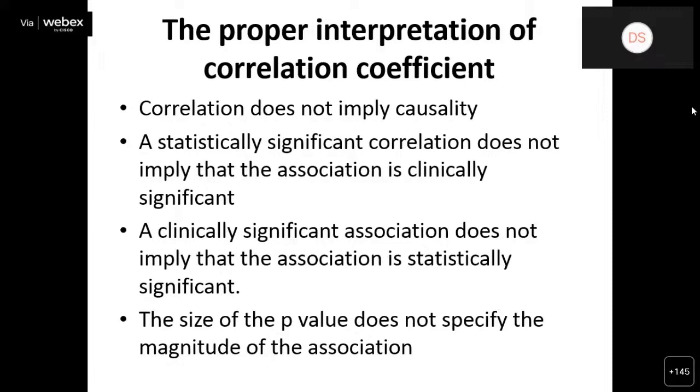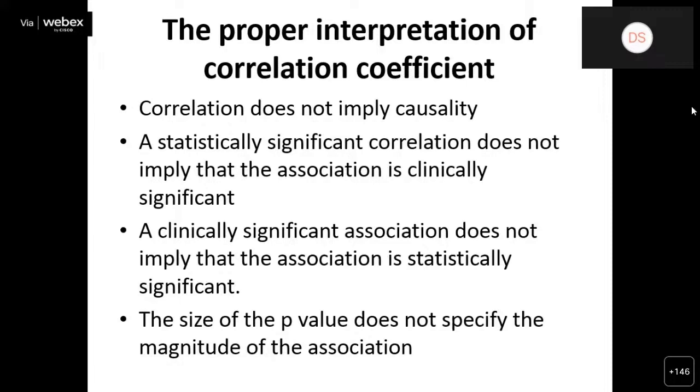Another important thing is that a statistically significant correlation does not imply that the association is clinically significant. This is a very difficult situation. Sometimes you may get a correlation of 0.8 or 0.9, but it is not statistically significant. Many times postgraduate students ask me this common doubt.